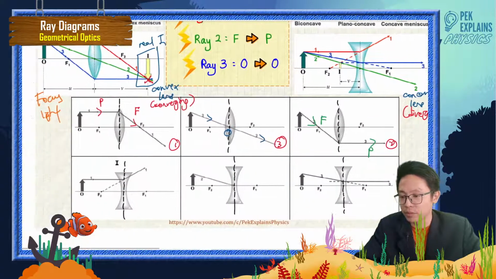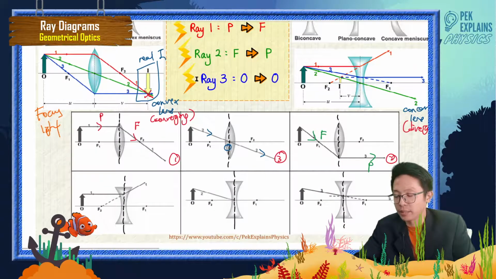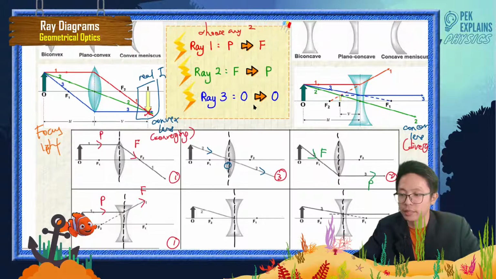the first ray is parallel to the focal point. Same thing. This one is parallel but diverges from the focal point. This is the first ray. And then the second ray, focal point to parallel.